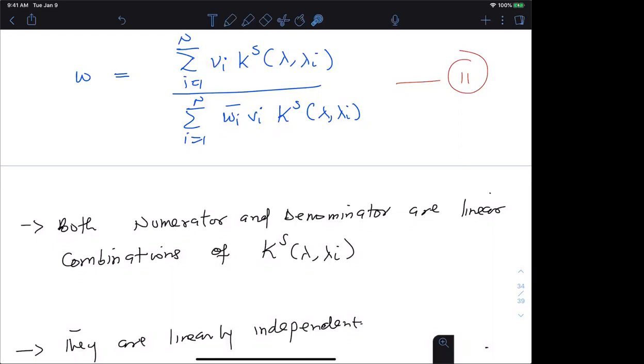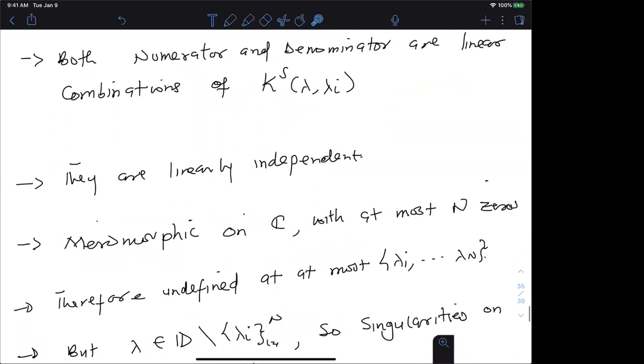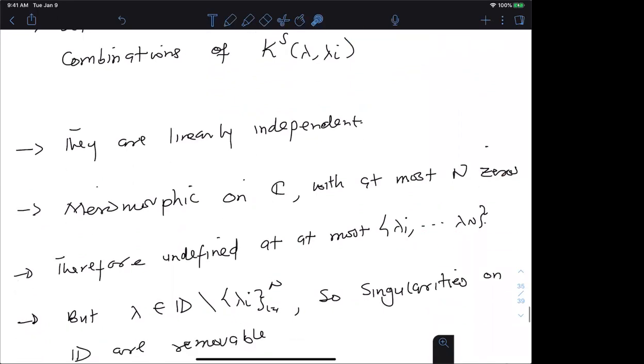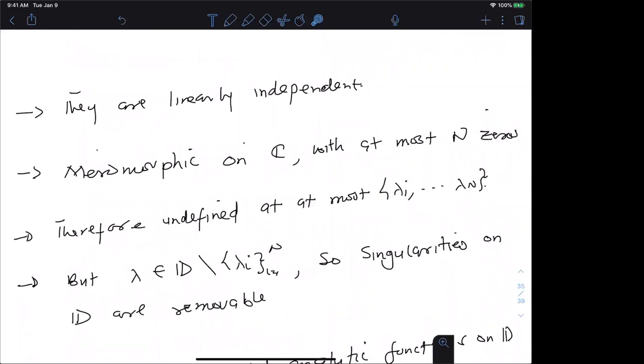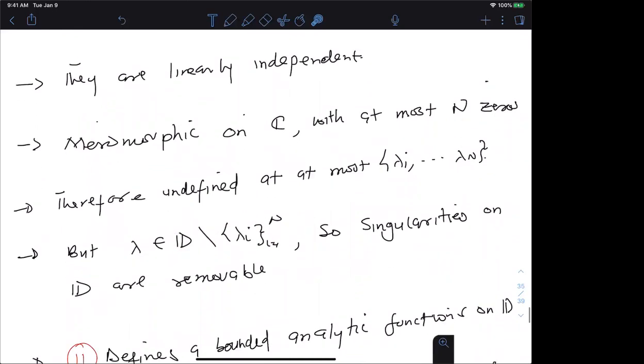So both the top and the bottom are linear combinations of the Szegő kernel, and they are linearly independent. They are meromorphic on the complex plane with at most n zeros. Therefore, they are undefined at most at the nodes, the original nodes of the Pick problem. Since lambda was chosen to be in the complement of that set, the singularities are removable.